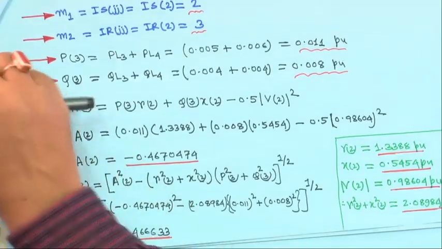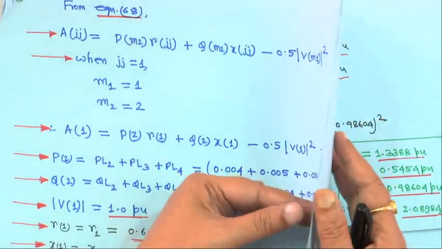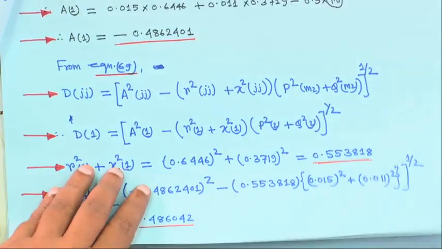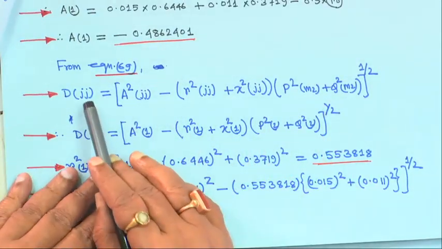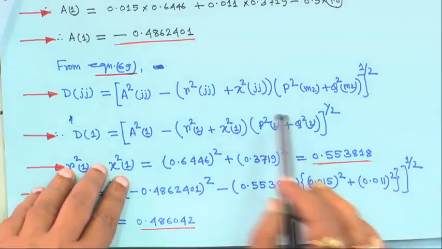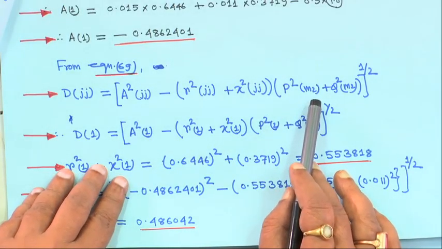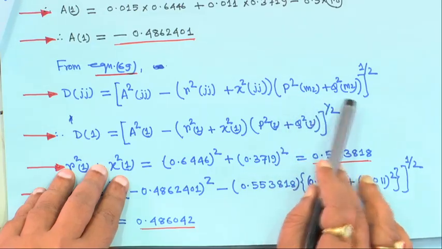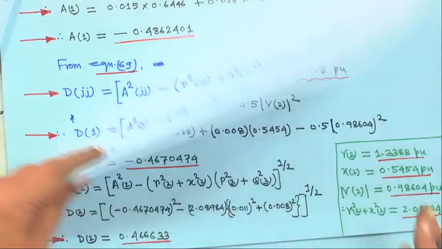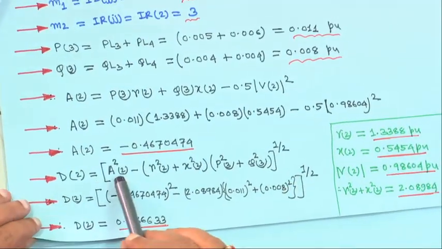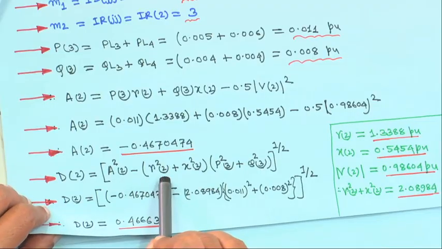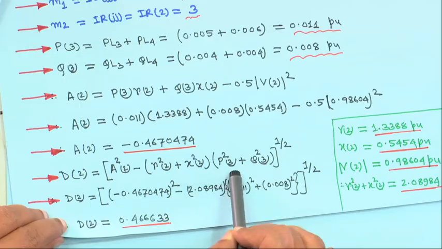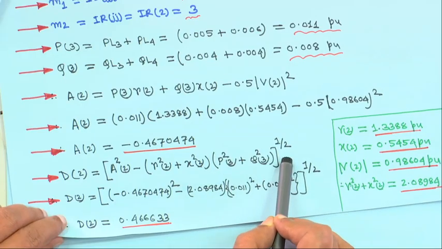Similarly, from equation 69, the DJJ equation, put jj equal to 2. Accordingly, M2 is equal to 3, and it will be P squared 3 plus Q squared 3 and R squared 2 plus X squared 2. So, D2 will be A squared 2 minus R squared 2 plus X squared 2 times P squared 3 plus Q squared 3, to the power half.